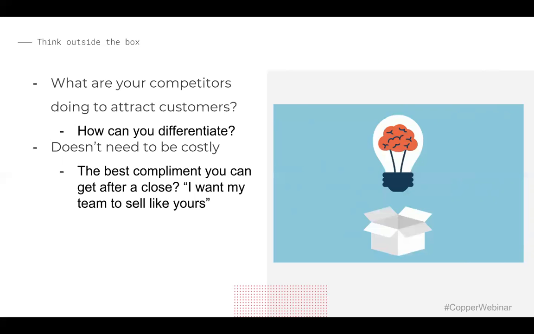And at the end, coming to terms and closing that deal, the amount of times I've had someone tell me, well, I want my team to sell like yours is actually a lot. And it's not, to blow up my ego, although it does, I will say, I feel pretty good about that. It's really a testament to a way that you can differentiate that doesn't cost any money, right? It might cost some time and some resources, and you may not be able to be lazy, but it really is enough to win a deal sometimes.